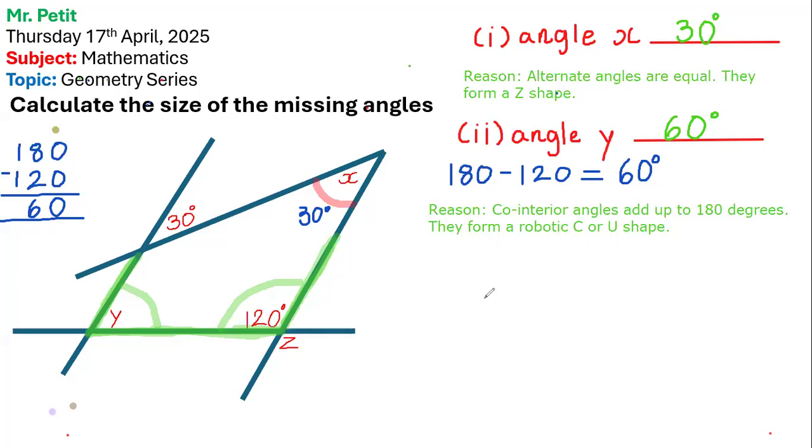When we say C, we mean any type of C. It could be a backward C, a frontward C, a flipped C, a C at the bottom or at the top. It doesn't matter. It's basically a C on its back, but some people think it's a U. It's still a C. Once it's some form of the robotic C, we're good.